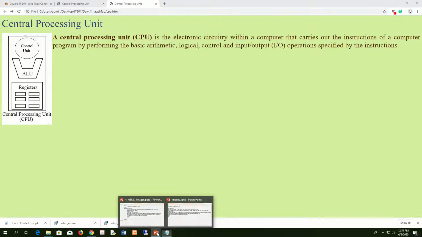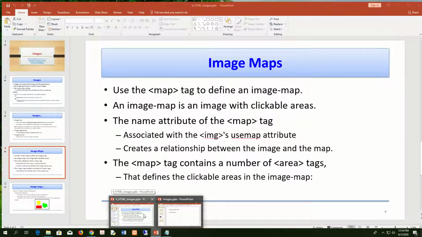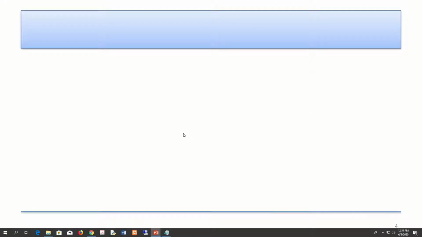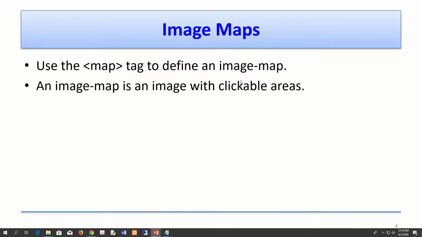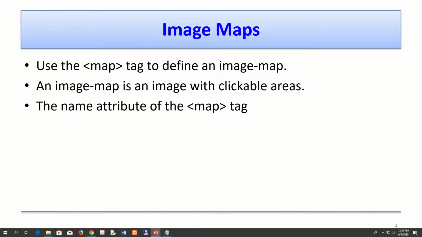If you want to create clickable areas in your image, we can use a map tag. The map tag can be used to define an image map, which is an image with clickable areas. By using the map tag, we can create clickable areas in our image.